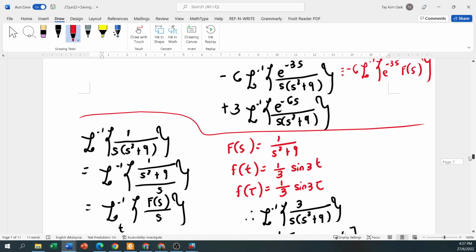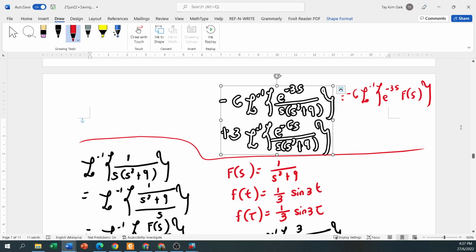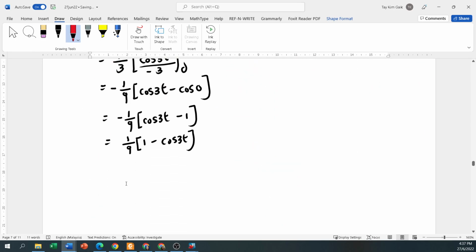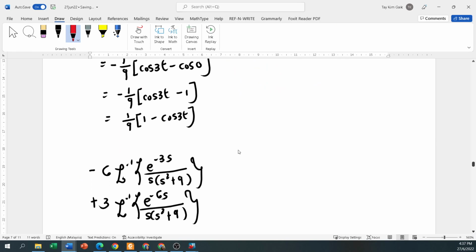Therefore, copy this result here and multiply by negative 6 over 9. Using the second shift property, t is shifted by 3. So you get 1 minus cos 3 times (t minus 3) times h(t minus 3).